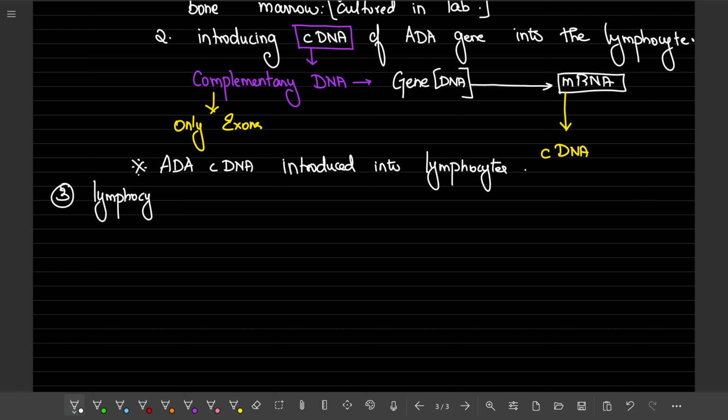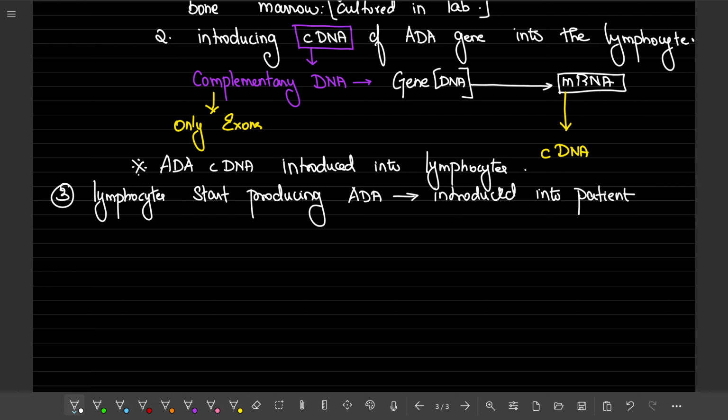Now after that, what do the lymphocytes start producing? Since now the gene is present, the lymphocytes start producing ADA, and this is what is introduced into the patient.